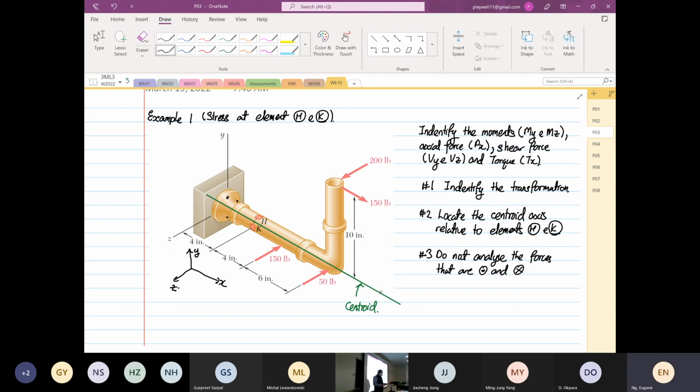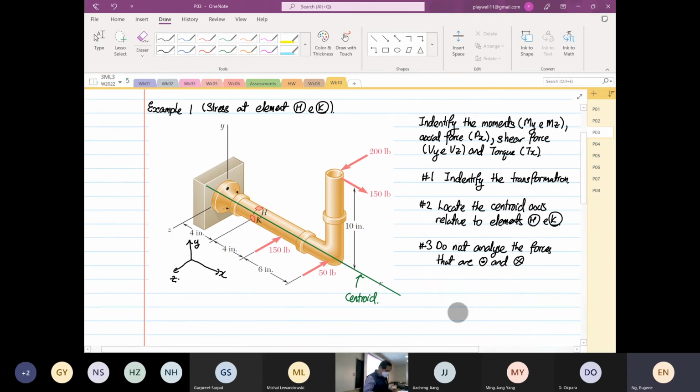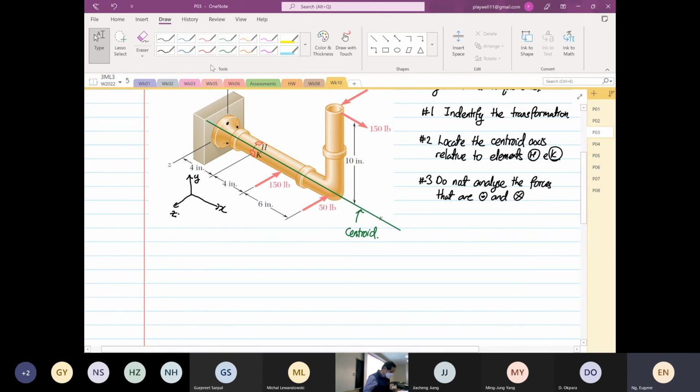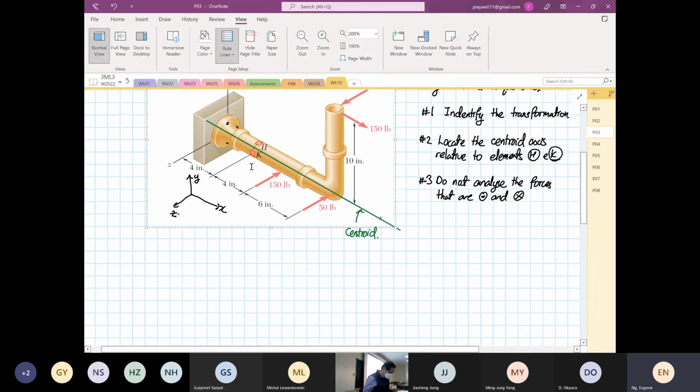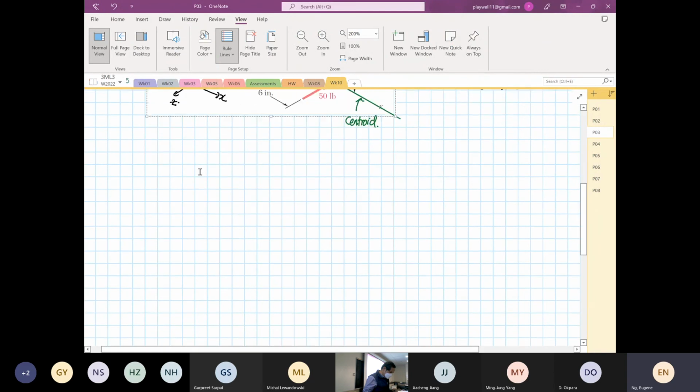So the next thing we do is draw the structure based on a 2D view. I repeat, we are going to draw the structure based on a 2D view. Okay, so we're going to sketch now. I'm going to copy this image so everyone can see.